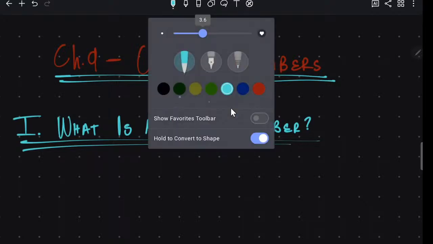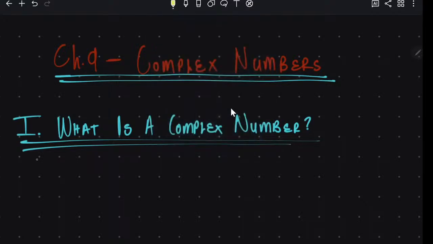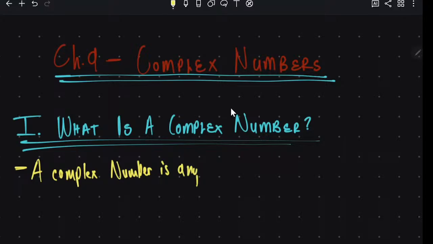Can you write with me to say a complex number is a number, or any number, that has two parts.